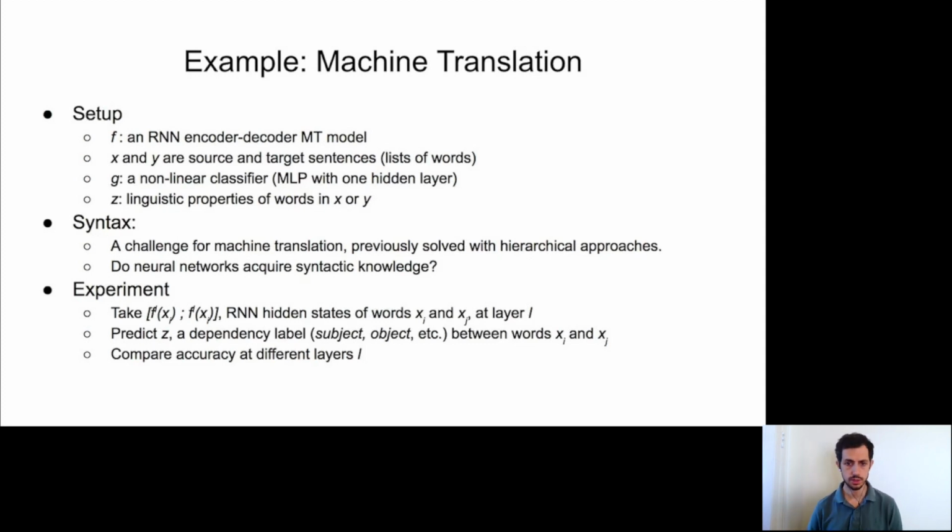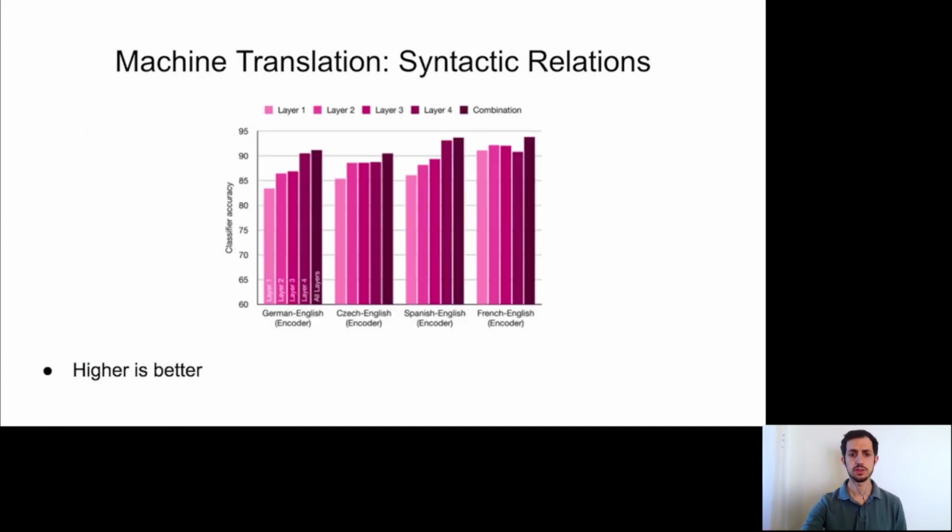Is it a subject dependency, an object dependency, and so on. And again, we compare the accuracy at different layers. What we see here is that higher is better for predicting syntactic relations. So this is quite different from the pattern we've seen in morphology. There, lower was better, here higher is better. So perhaps syntax is what's being learned or represented better at deeper layers of the model.